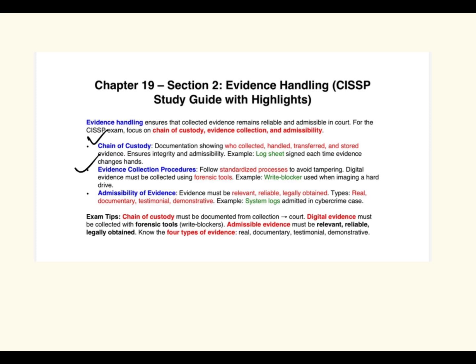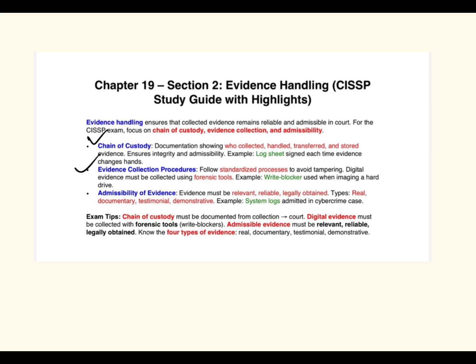Now, evidence collection procedure. The goal is to prevent modification or loss of evidence. It must follow a standardized forensic process. For digital evidence, use forensic tools so the original data is not altered or tampered with. For example, a write blocker when imaging a hard drive, forensic imaging software.